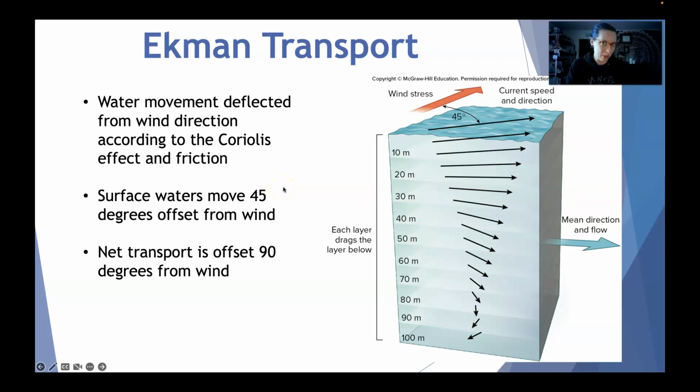I know this might be a little bit confusing, but we'll cover it when we all come back together. But basically, just know that whatever direction the wind is blowing, the overall water underneath is moving at a 90-degree angle to the right in the northern hemisphere. That's if we were to add all of these vectors together.